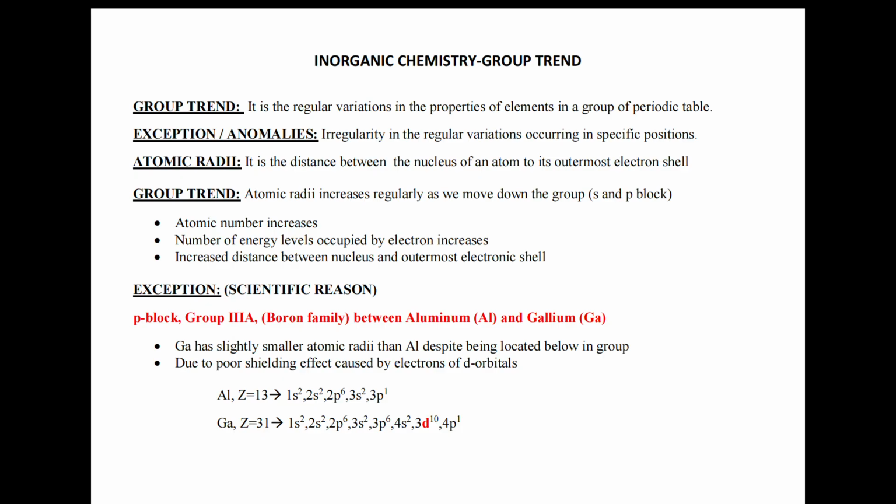Which orbital's electrons are involved in the poor shielding effect for aluminium and gallium? Write a short note on the group trend of atomic radius.